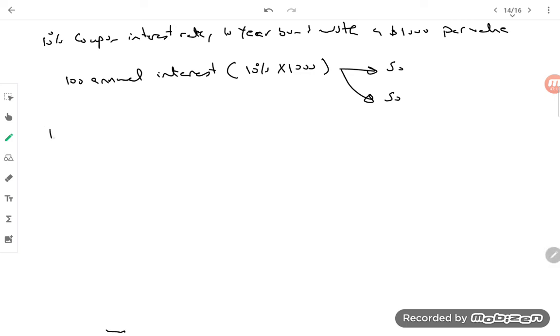So I will be $100. RD is 10%, as the required return is equivalent to the coupon interest rate, and M is $1,000, and N is 10 years.